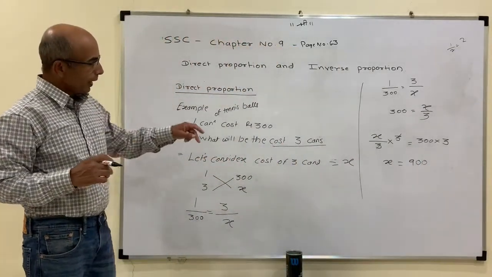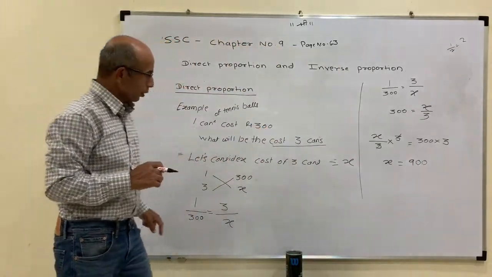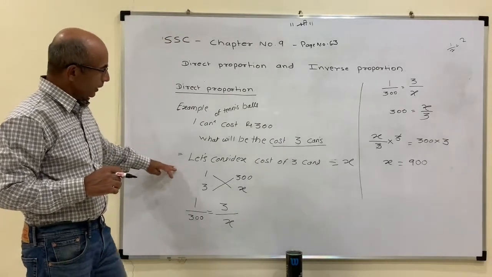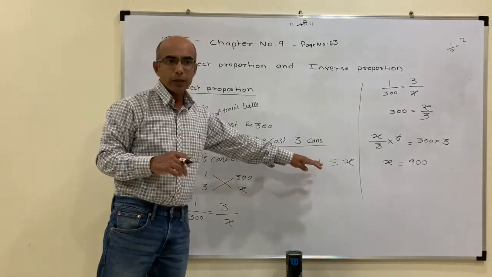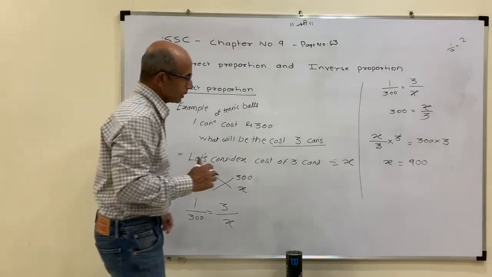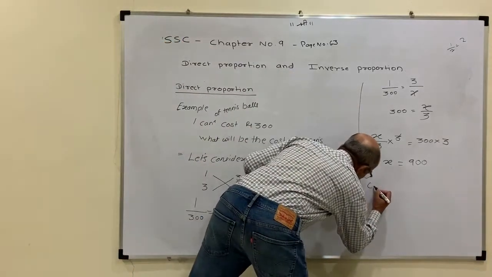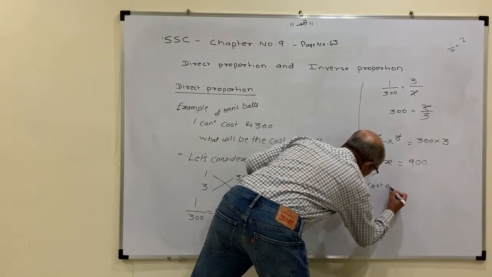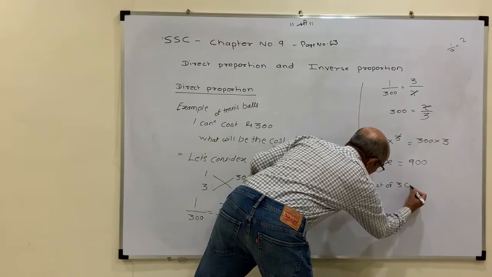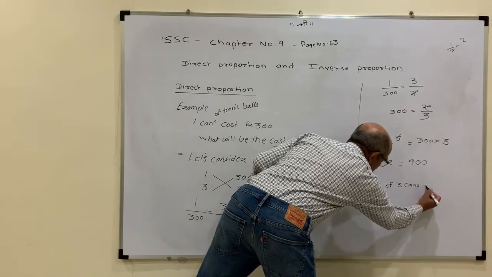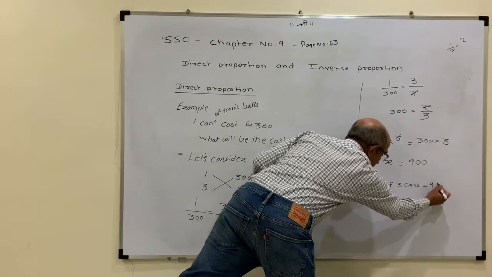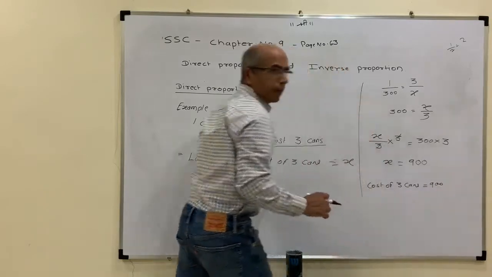So X value comes out to be 900, and what is X? X is nothing but the cost of 3 cans. So our answer will be: cost of 3 cans equals 900 rupees.